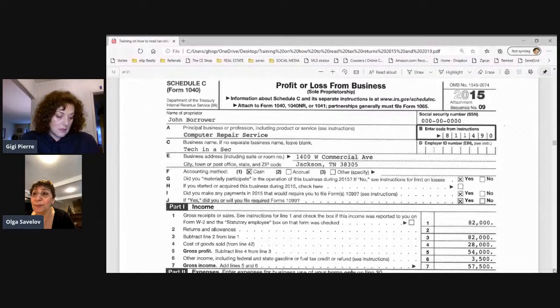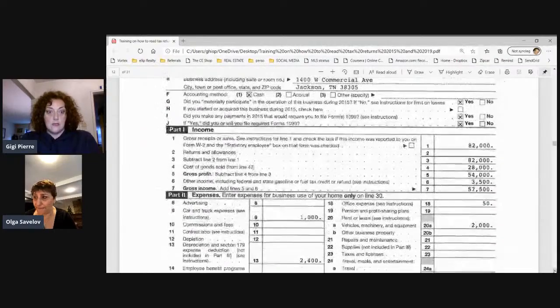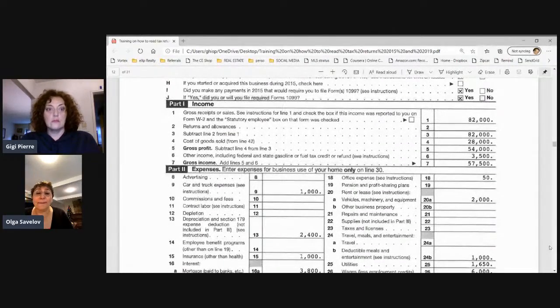You're going to have a profit and loss for 1 year, we're going to average the income over the last 2 years, and we're also going to ask you to prepare a profit and loss statement for the current year. Now, what is a profit and loss? Profit and loss is basically how much gross income you received, what your cost of goods is, and what all your expenses are.